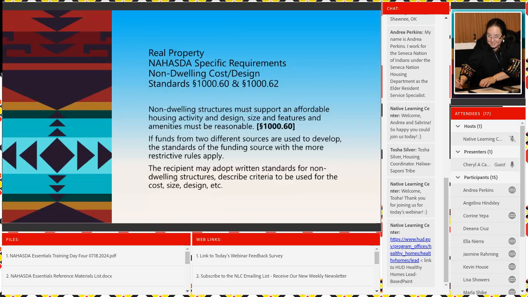Your non-dwelling structures still have to support an affordable housing activity and design features, amenities that are reasonable, have to be reasonable. You can read about that at 1060. If funds from two different sources are used to develop the standards, the funding source with the more restrictive rules apply.